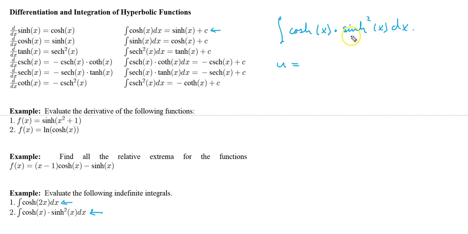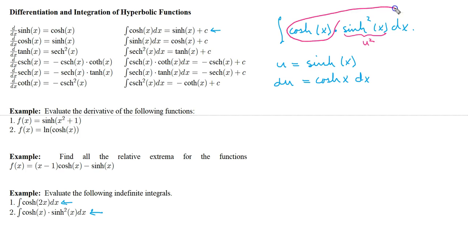Well, in this case, we're going to want to let u be the sinh of x. You see, because then du will be cosh x dx. And so we see that this part right here will become u squared. And the cosh x dx, the rest here, that part right there, will become du.